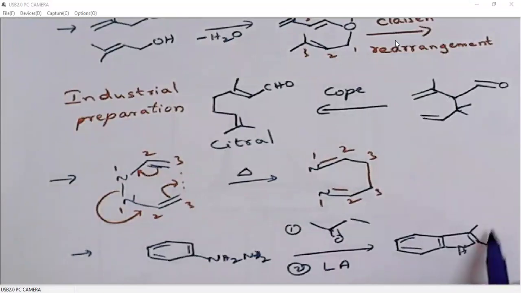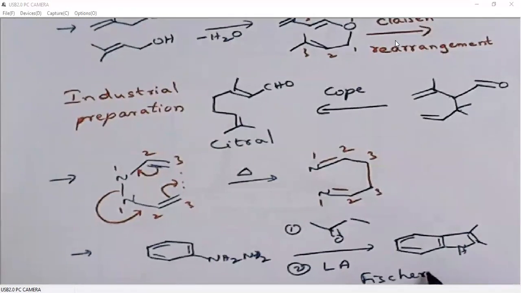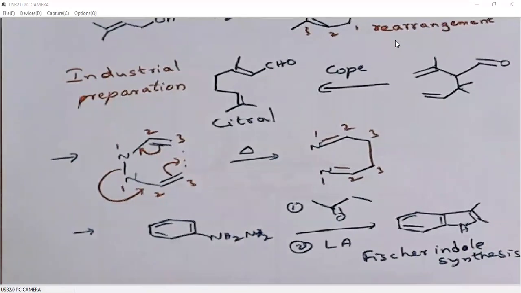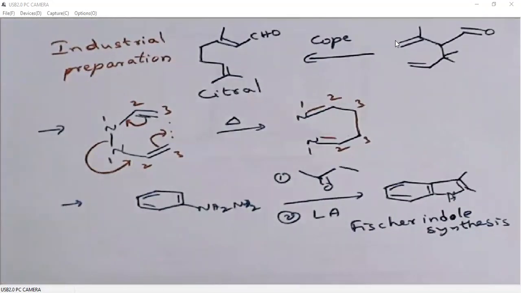This is indole. Without substitution, it is called indole, right? So this is an example for Fischer indole synthesis. Now, how do we generate this Fischer indole using this 3,3 sigmatropic rearrangement? I'll explain in a stepwise fashion.